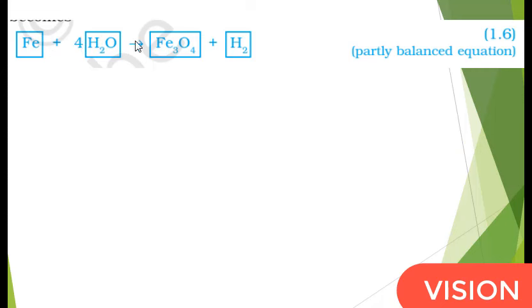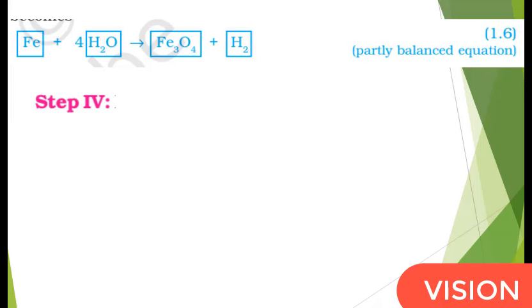Now this is the partially balanced equation. Oxygen has been balanced, but 3 iron atoms are on the RHS side, only 1 iron at LHS.